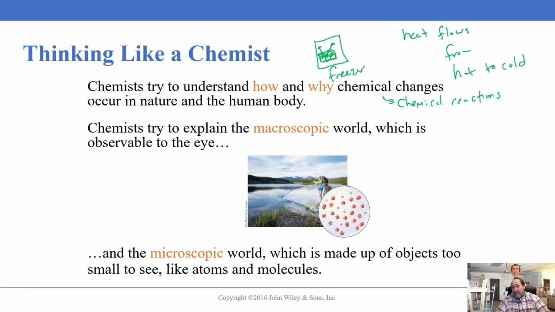Now, when we do some type of chemical reaction, oftentimes there are two parts to a chemical reaction, as we'll talk about in a later chapter. There are the reactants, and they go to the products.